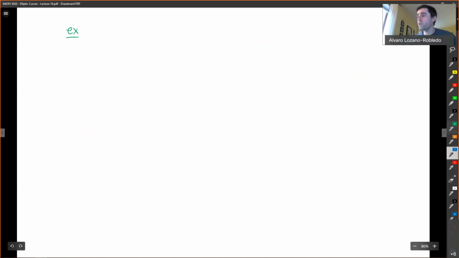So let's start with E, the elliptic curve y squared equals x cubed minus 2. This elliptic curve has discriminant minus 728, a very important number in the theory of elliptic curves.